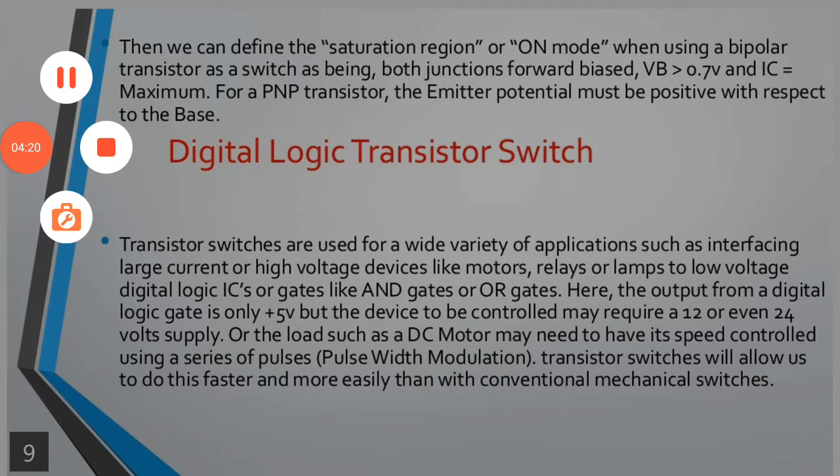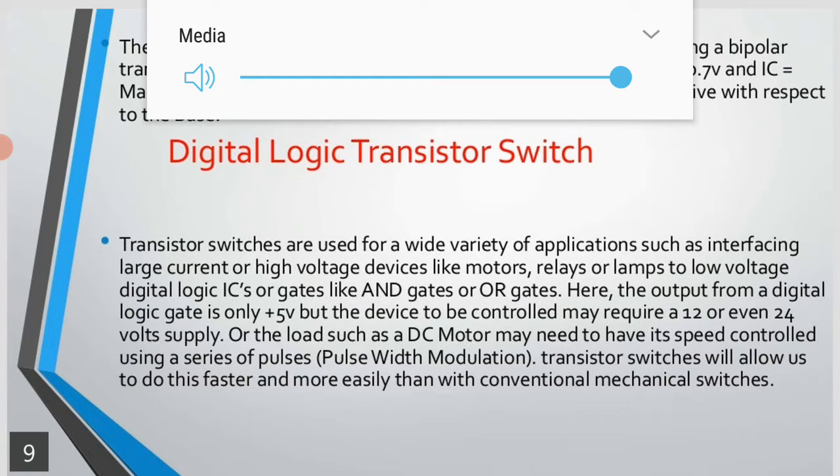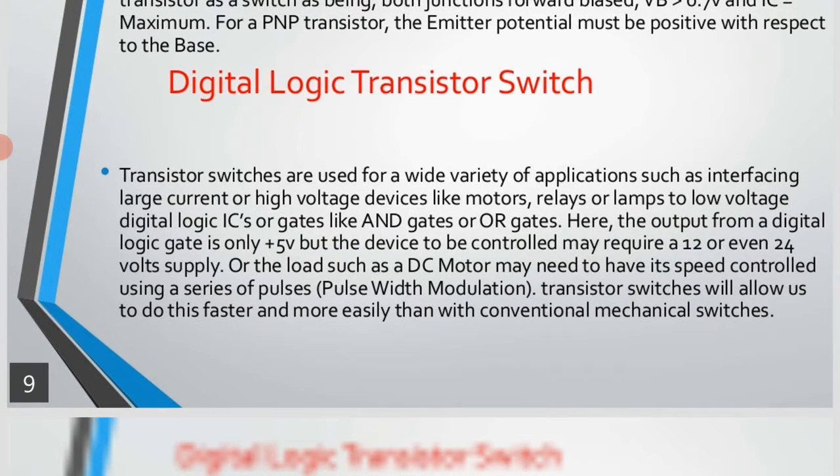The digital logic transistor as a switch. Transistor switches are used for a wide variety of applications such as interfacing large current or high voltage devices like motors, relays or lamps, or low voltage digital logic ICs or gates like AND gates or OR gates.